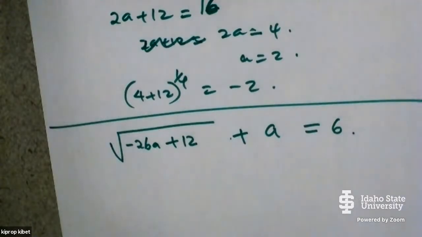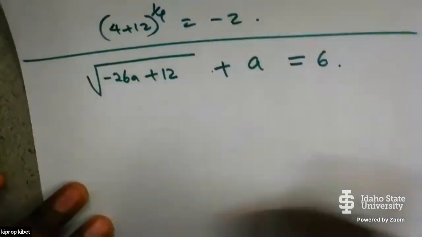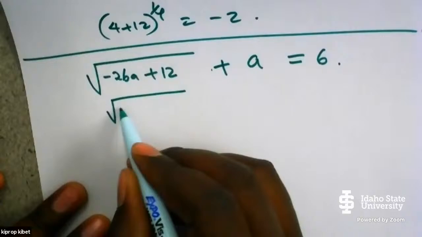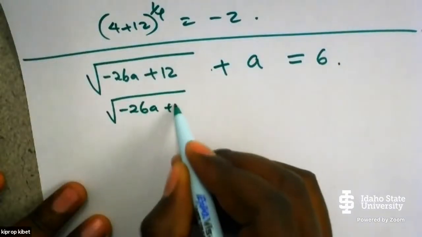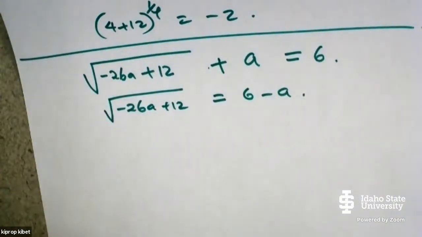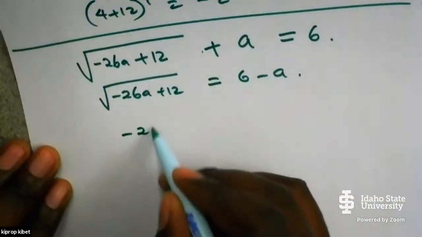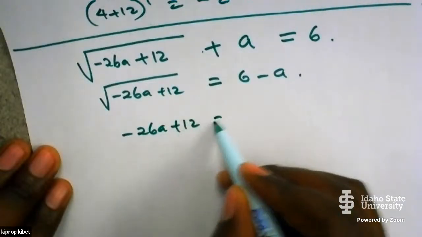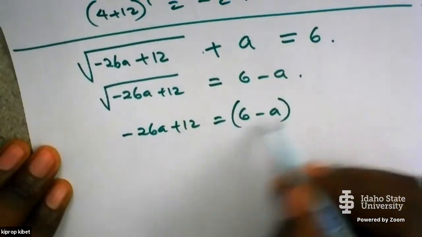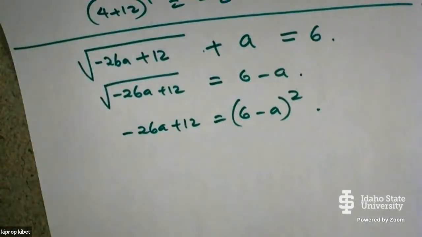Step number 1, you take a to the other side. So you get the square root of minus 26a plus 12 equals 6 minus a. Then you square. So minus 26a plus 12 equals 6 minus a, squared.